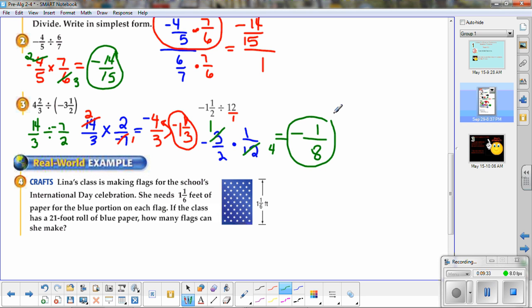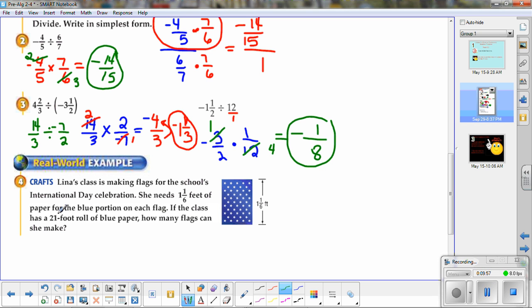Now the last example says Lina's class is making flags for the school's International Day celebration. She needs 1 1/6 feet of paper for the blue portion of each flag.